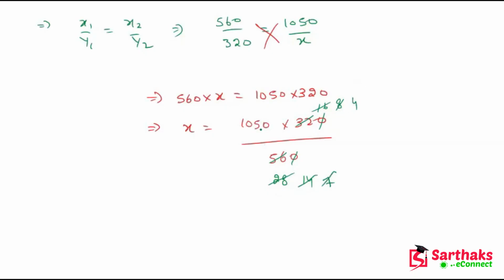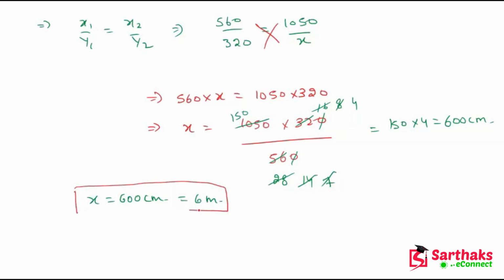Now here we can cancel 1050 by 7, which gives 150. So we get 150 into 4, which gives 600 centimeter. So x is 600 centimeter. If we convert it into meter, we get 6 meter.